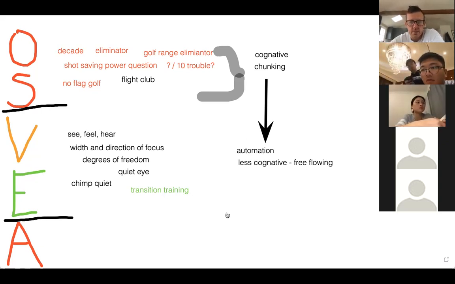It was all of these drills that I started to go through last week.